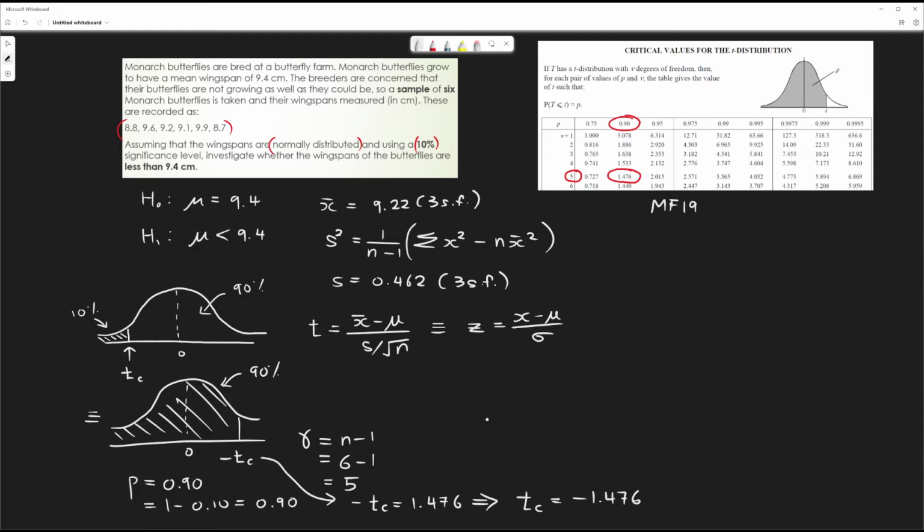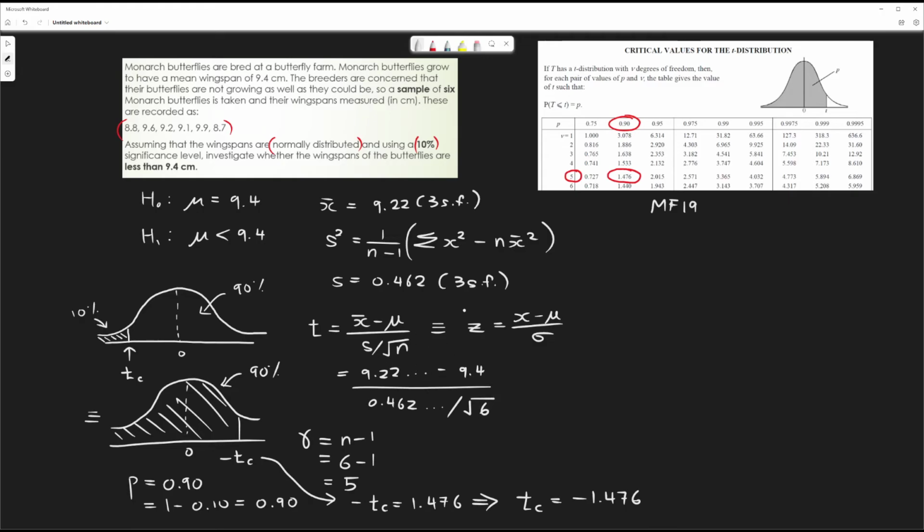Okay, so all done. Now we need to work out what T is. T is going to be 9.22 something minus our mean, which is 9.4, divided by 0.462 something divided by square root of 6.